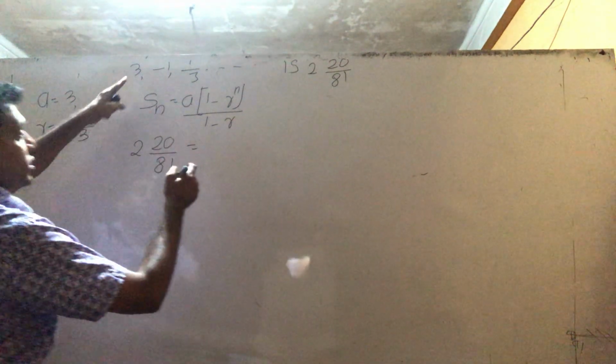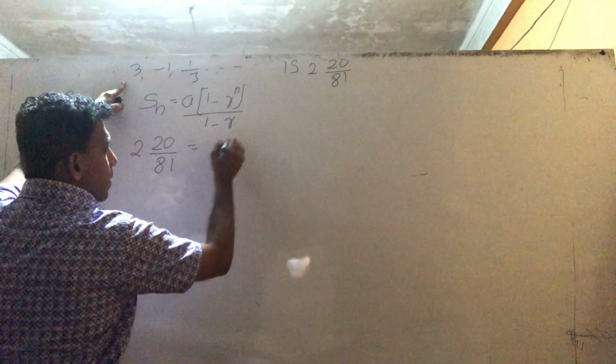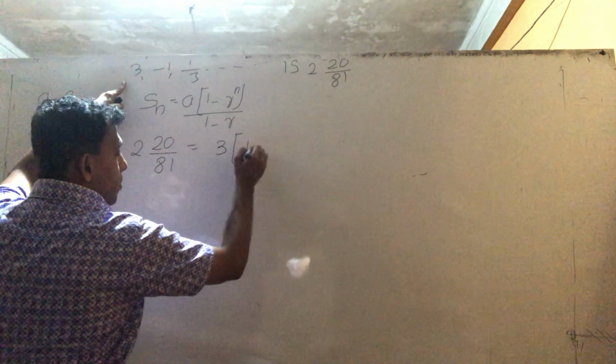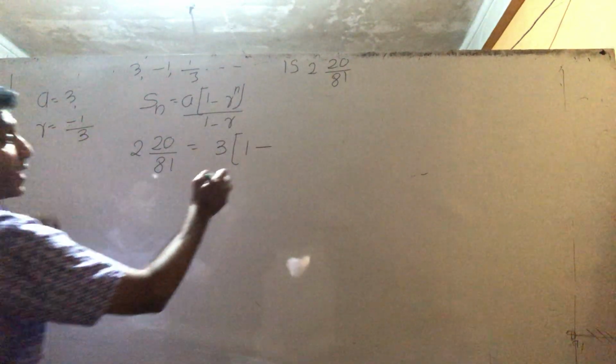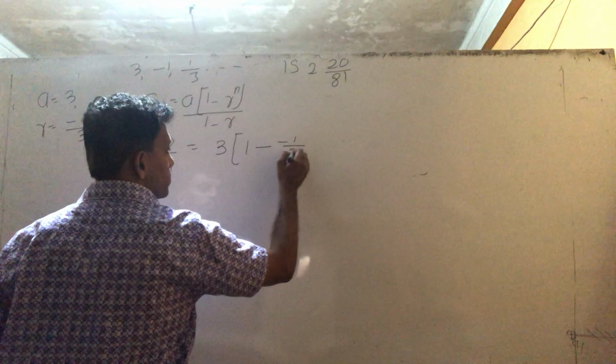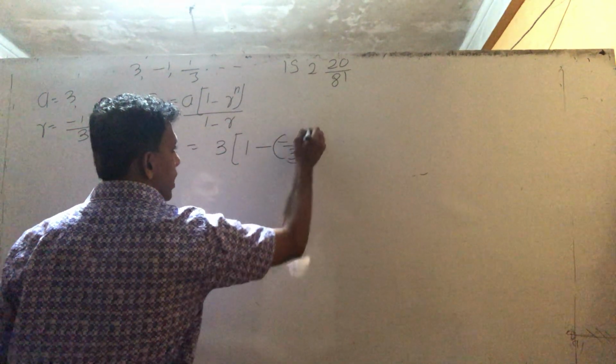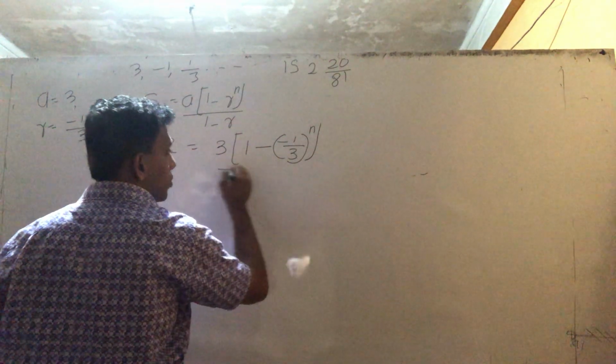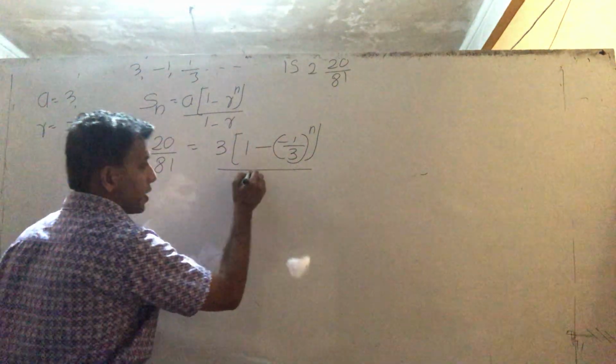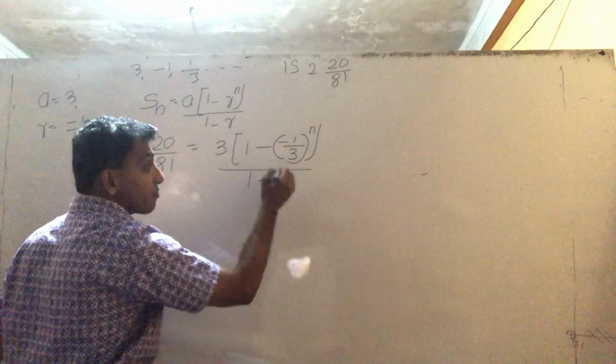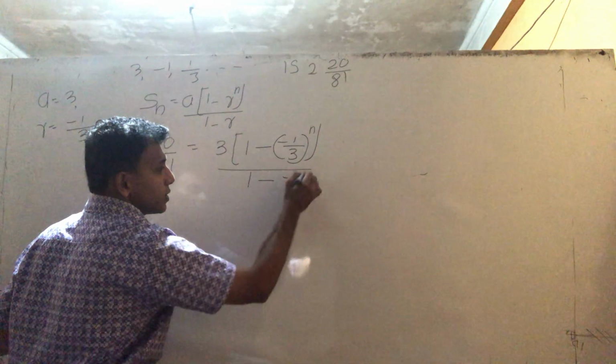Here A is what? 3, first term is 3, 1 minus r, r is minus 1/3, completely power n over what is below, 1 minus r, r is minus 1/3.